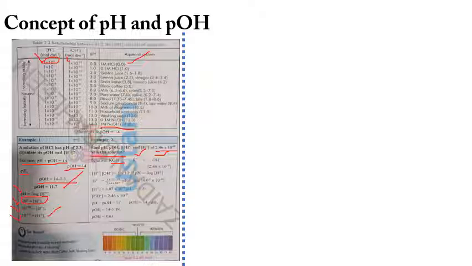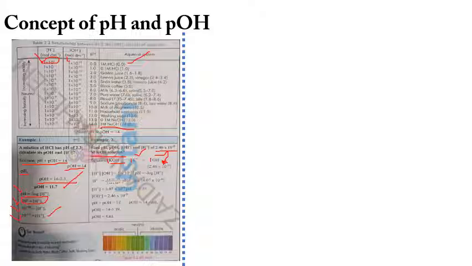When potassium hydroxide dissolves in water or dissociates in aqueous solution, it will produce K plus and OH ion. They have given 2.46 into 10 power minus 9 molarity of KOH, meaning 1 mole of KOH gives 1 mole of OH and 1 mole of K plus. So this concentration is given for OH.